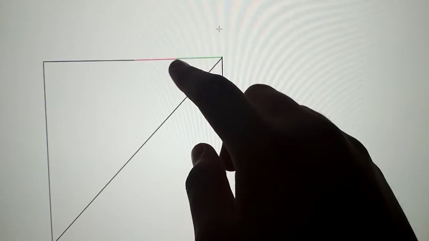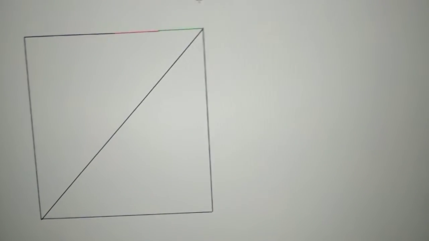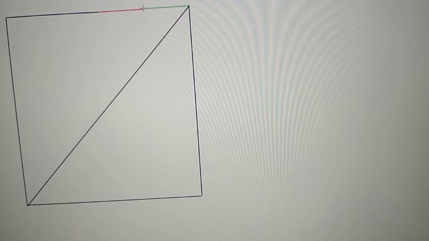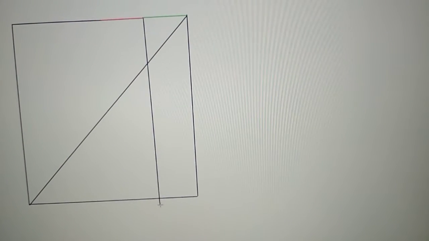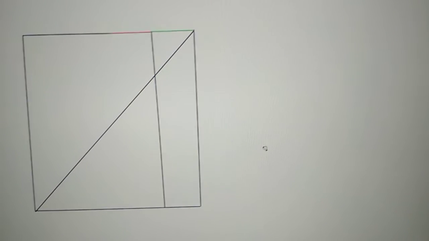From this point, we're going to draw a straight line parallel to this and this. So we draw it. There we have.